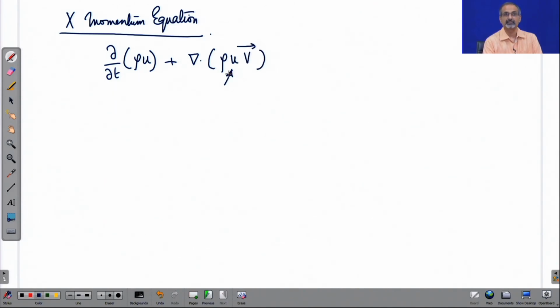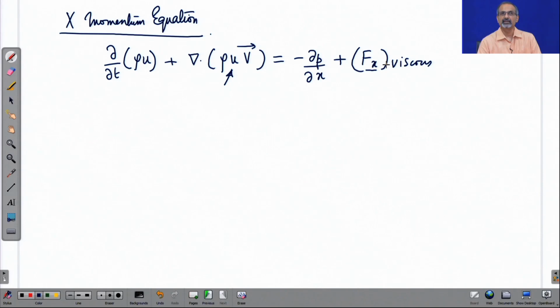Remember that this is a scalar part small u, the pressure gradient, and if you recall the viscous forces with an underline here, because you remember that was the form which was inside the volume integral.